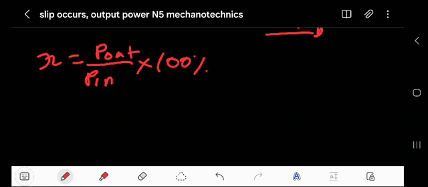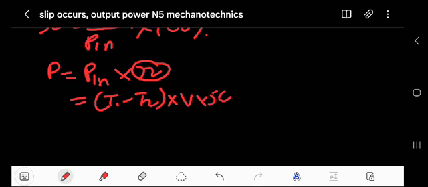So when we are calculating the output power, the output power will simply equal the input power multiplied by the efficiency, but this input power is given by (T1 minus T2) multiplied by V. And this is the output power that they want.